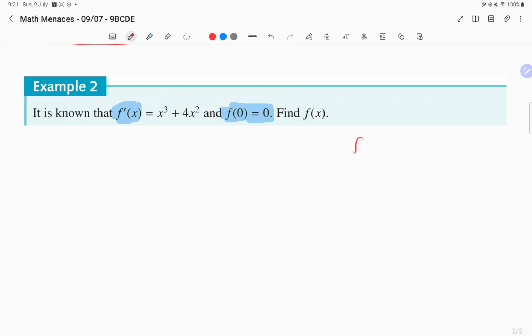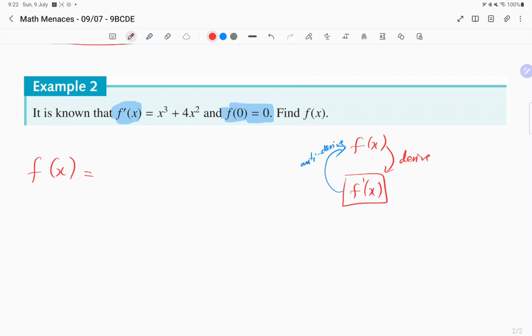Okay, so remember f of x is the original, and when you derive it, you get f dash. If you're given f dash, in order to get back the original, you need to anti-derive. So that means I'll write it as f of x, the original equation.